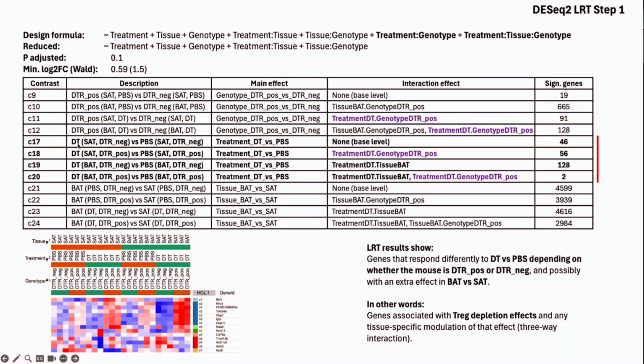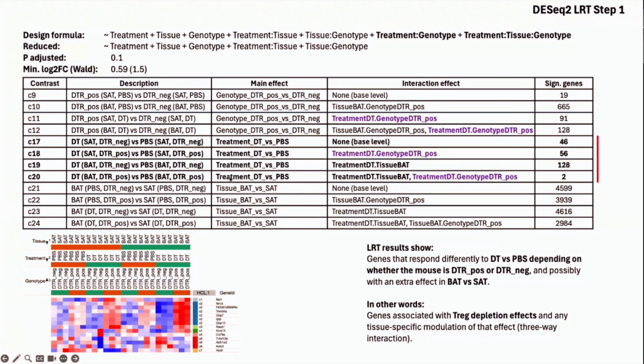And if we look at the table of all possible contrasts, now we have 4 contrasts to show us DT versus PBS for SAT tissue in DTR negative genotype, the same for DTR positive genotype. Then we have DT versus PBS in BAT tissue DTR negative genotype, and the same for DTR positive genotype.